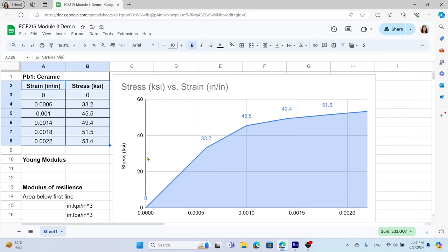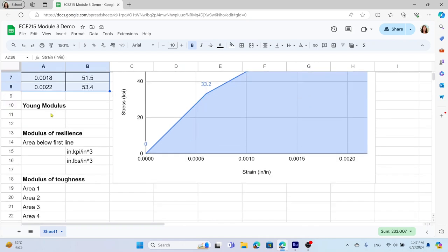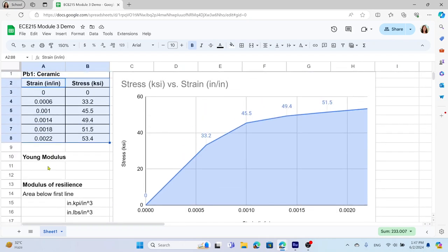So the first question is, what is the Young's modulus, the modulus of elasticity, knowing that the elastic region is just between 0 and the first point, so until the 33.2 stress value, at a strain of 0.0006. So Young's modulus will be the delta y divided by the delta x.